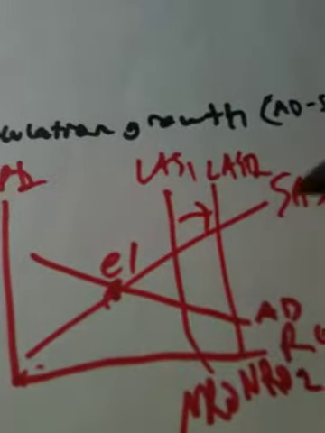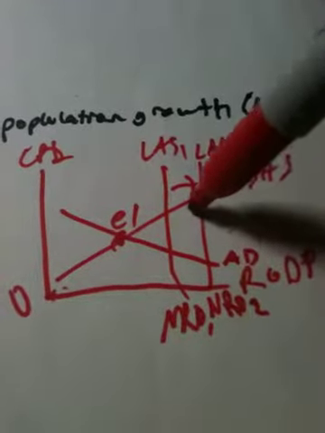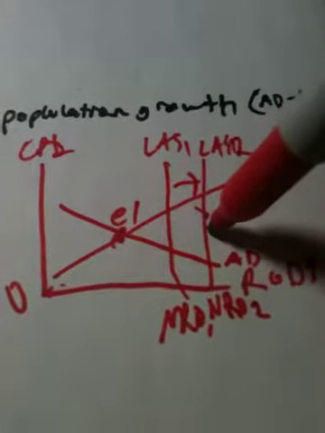What happens with population growth is that in the long term, the long run aggregate supply will increase because there are more people who are available for work. Thing is, there aren't enough jobs to give work to these people.